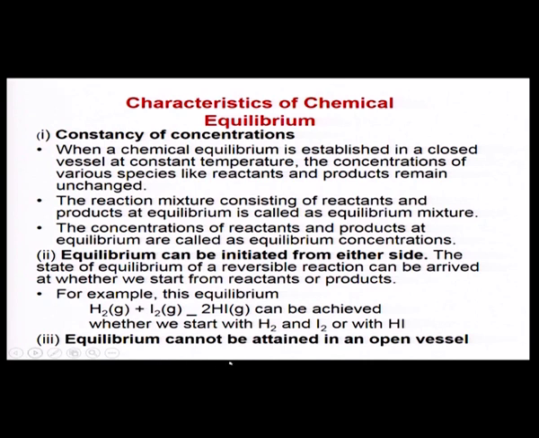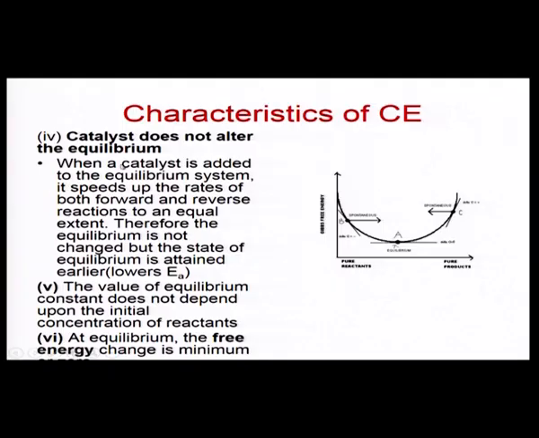Generally, equilibrium cannot be attained in an open vessel. In an open vessel it is exposed to the outside, and definitely it is very difficult to achieve equilibrium. So, in an open vessel it is very difficult; equilibrium can always be attained only in a closed vessel.